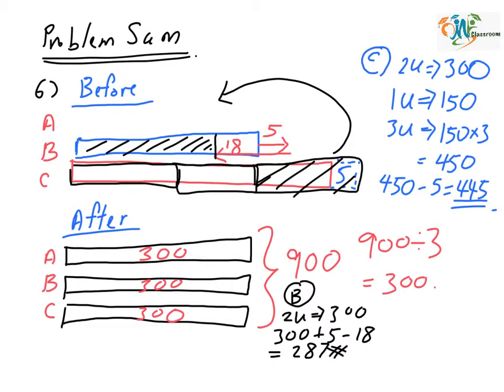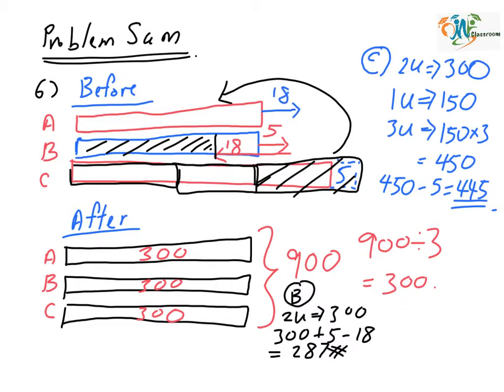A. So now for A, right? What we need to do is this. A gave away how many sweets? A gave away 18 sweets, right? So now we have to give back to A. So A, we must plus back 18 sweets.